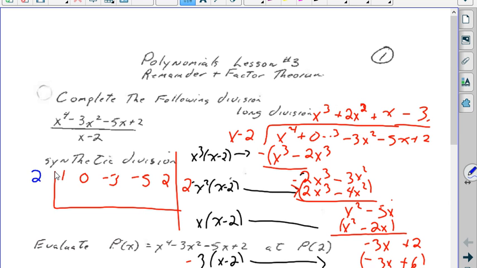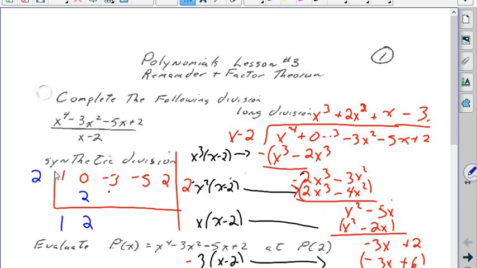That's how I remember it. We're dividing by x minus a positive 2, so we're dealing with that positive 2. Since I'm dividing x to the fourth by x, I know my term is going to start with a 1, because I'm just dividing by that 1x. Multiply, add them together.